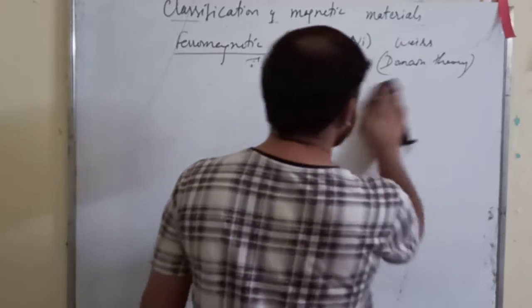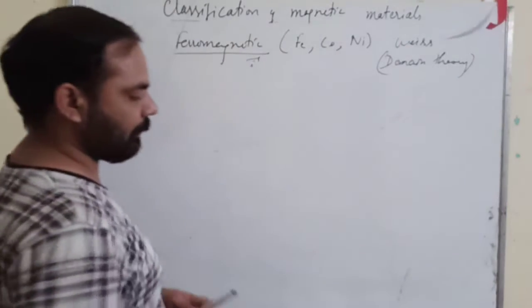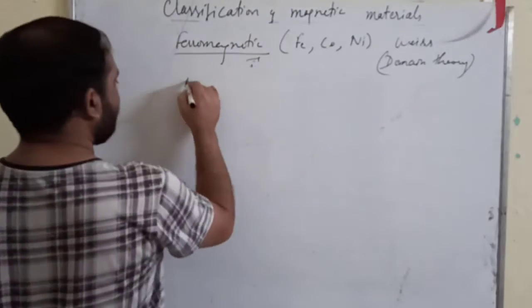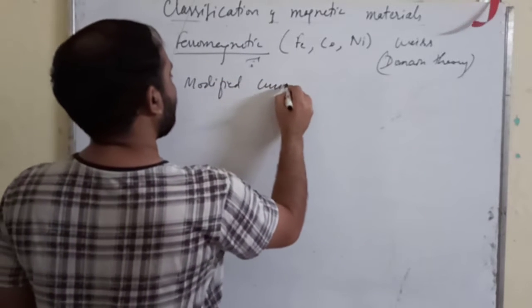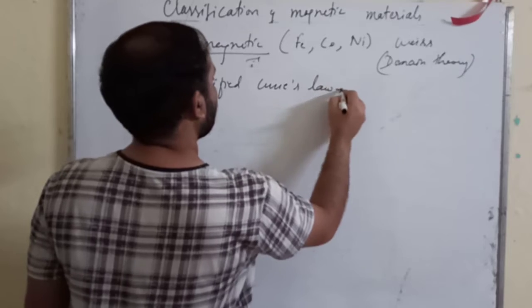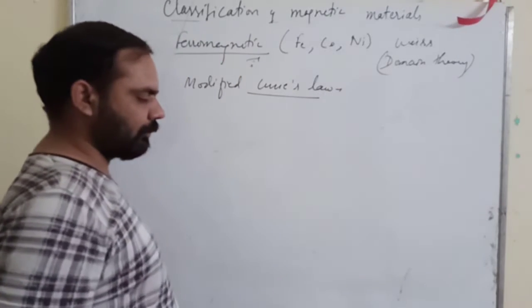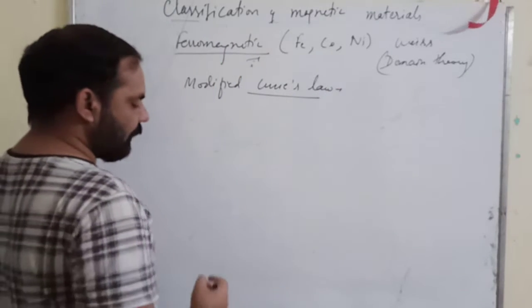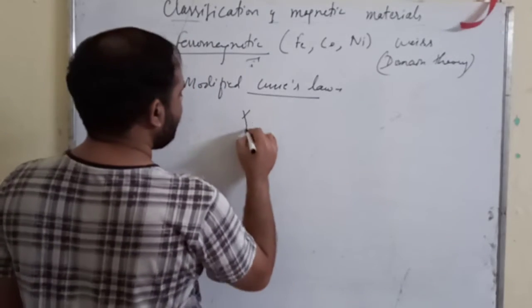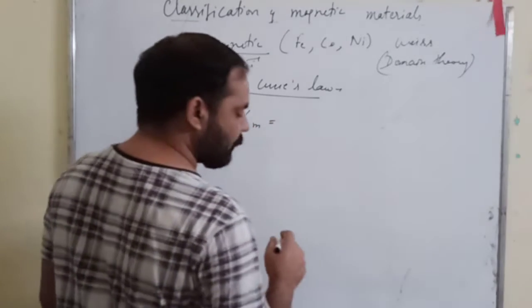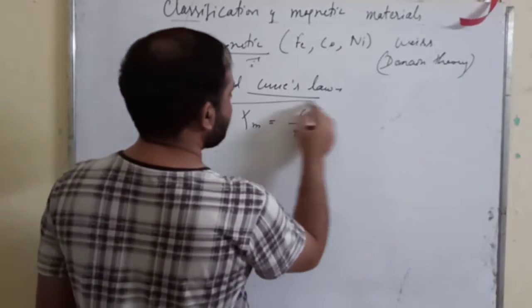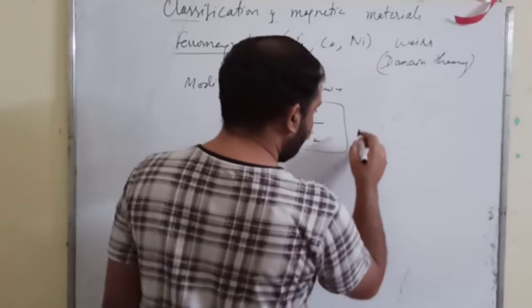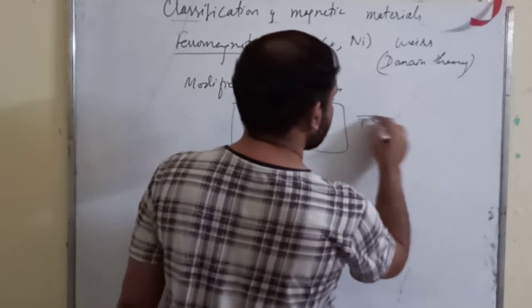Dependence of ferromagnetism on temperature: modified Curie's law. What it states is that the expression is C dash upon T minus Tc. First of all, I am writing the expression where T is more than Tc.